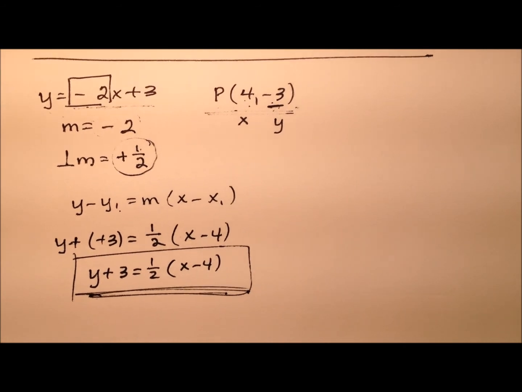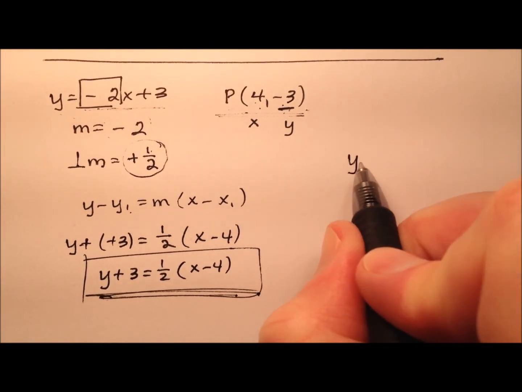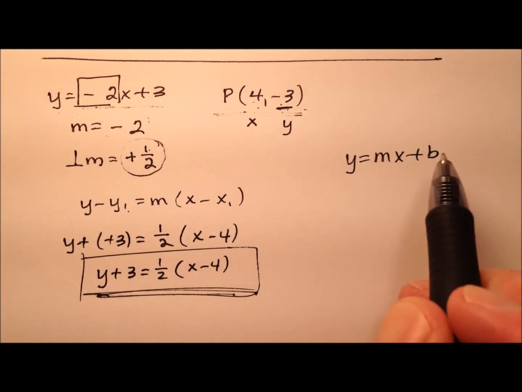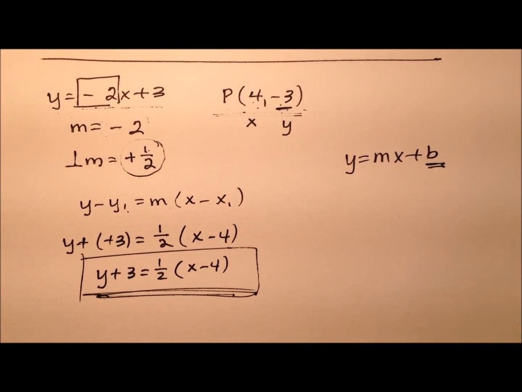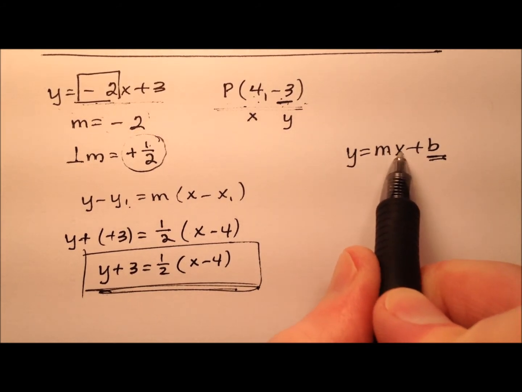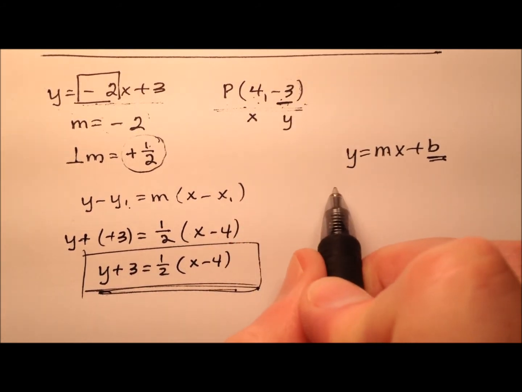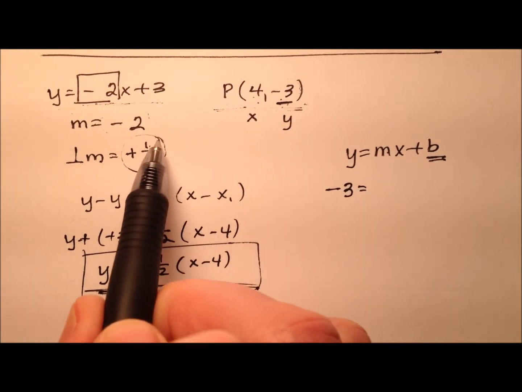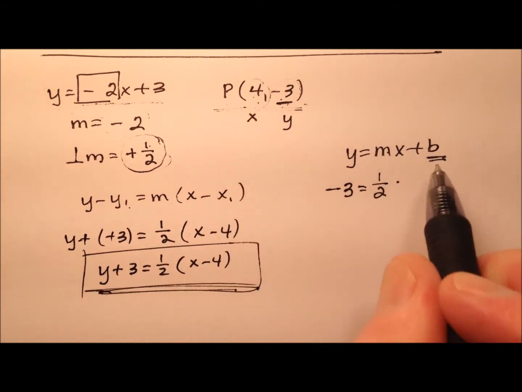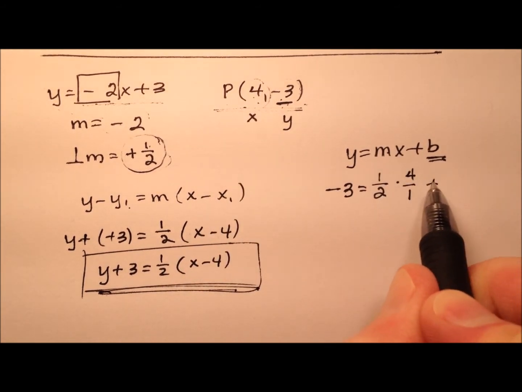Let's go ahead also and write it in slope-intercept. So we have y equals mx plus b. And of course, we need to first solve for this y-intercept because we're not sure what that is. But we do have some values for y, m, and x. So y is just this y-coordinate. And m is our slope, so 1/2. X is this x-coordinate, so 4, or 4/1.